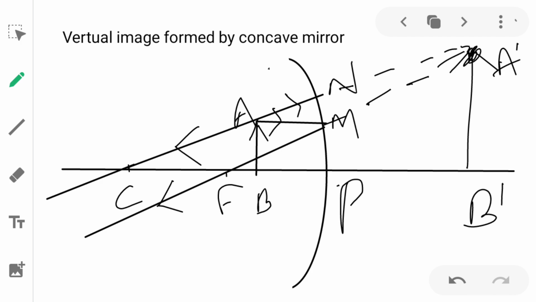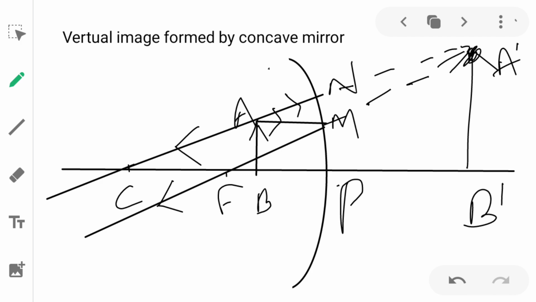Because the reflected rays appear as if they are coming from point A dash. The reflected rays MF and NC appear as if both together are coming from point A dash. So A dash is called the virtual image of point A.